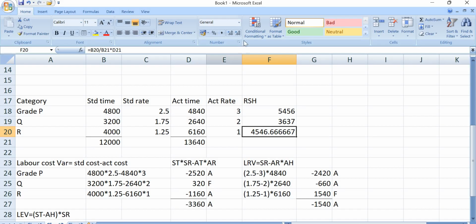So 4,547 hours. Together we need to get the same actual time, 13,640. So revised standard hours and actual hours total will match. In case of idle time, we have to deduct that and then calculate this.